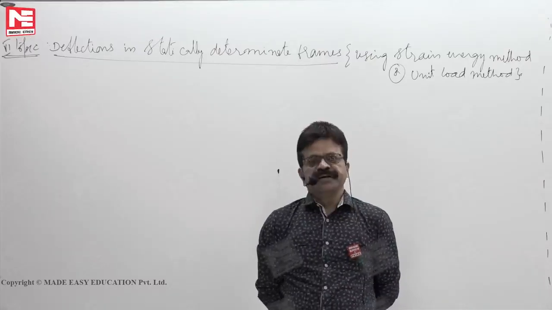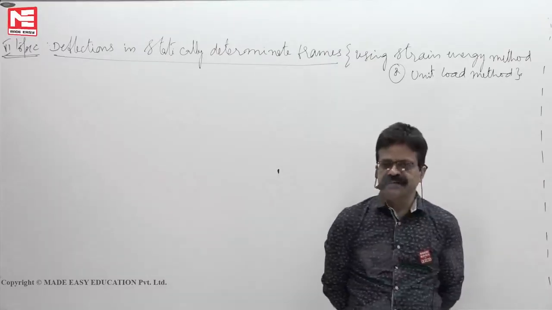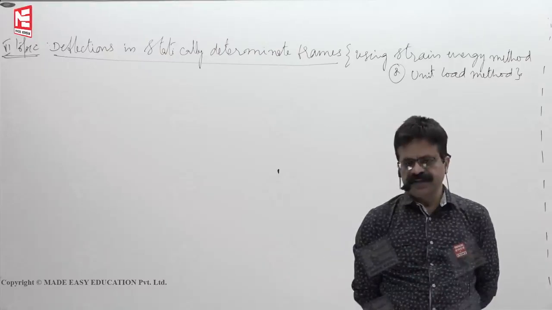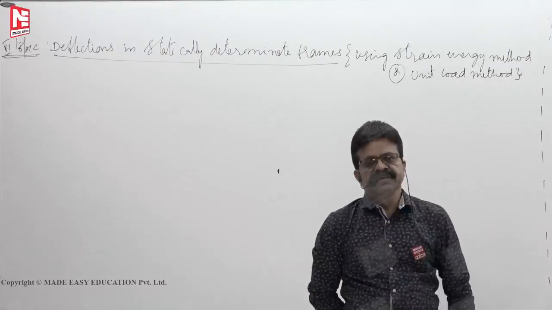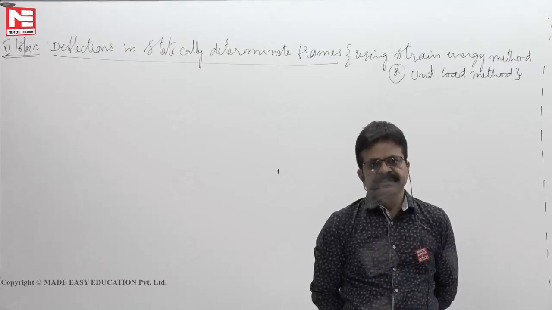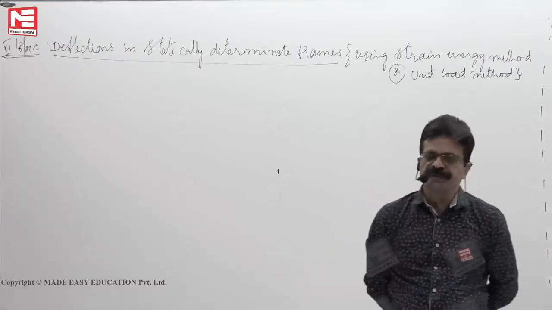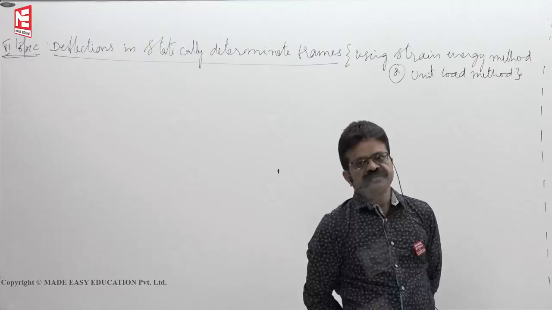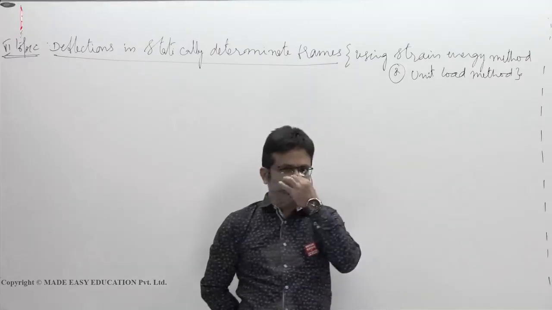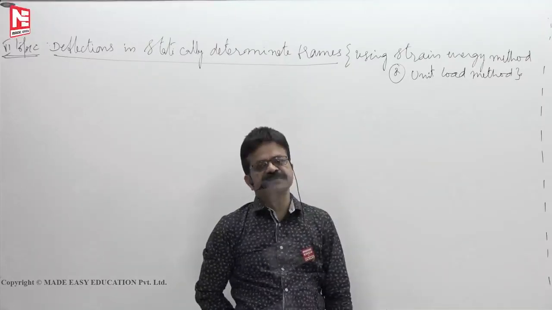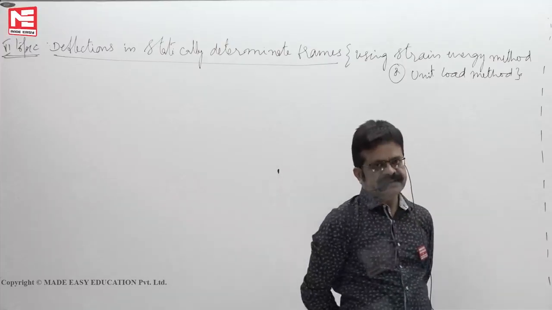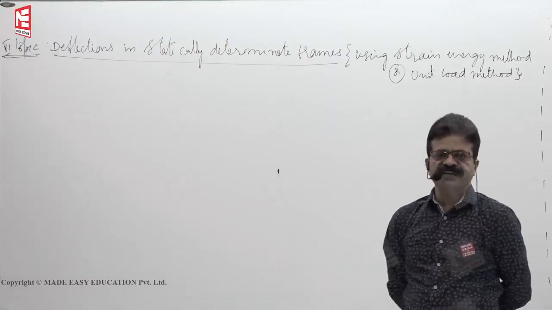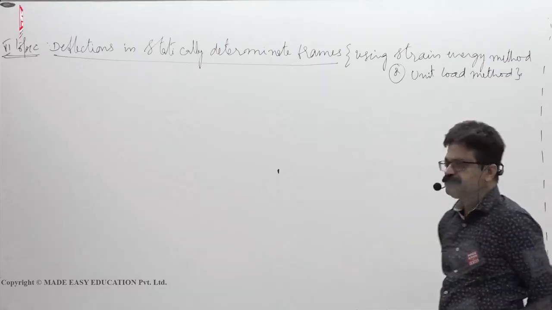For a moment area method, if I values are different in different lengths within a span, then you will use the moment area method. If I value is constant, you use a double integration method or the strain energy method. If the bending moment expressions are simple, then you can also go for the strain energy method. There are many methods we have learned.